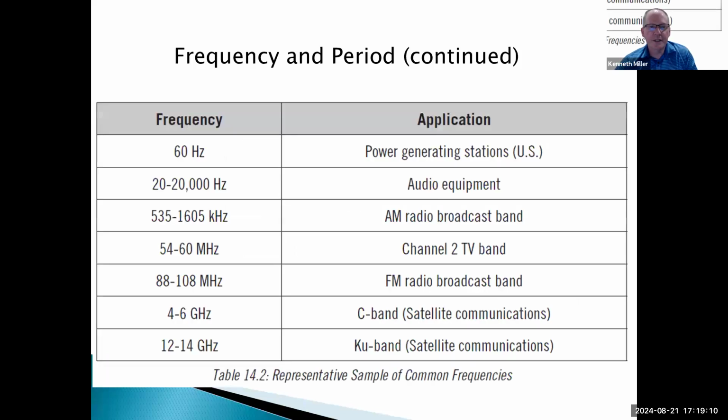Okay, now here are some of the common frequencies. Our sound equipment goes between 20 hertz and 20 kilohertz. That's because the human ear can hear between a low frequency of 20 hertz and a high frequency of 20,000 hertz. If you had a set of speakers attached to your function generator and set it to those frequencies, you'd hear it on your speakers.